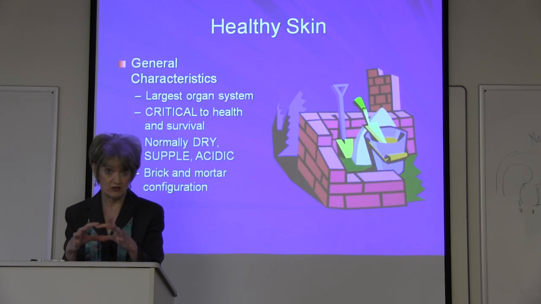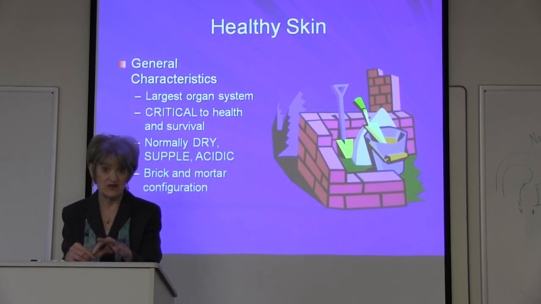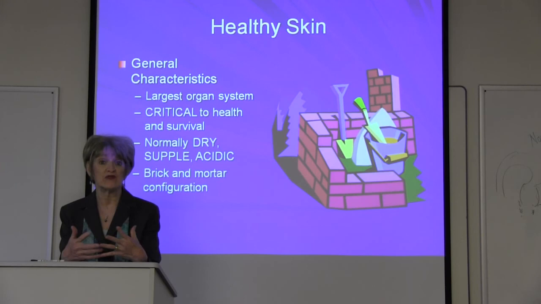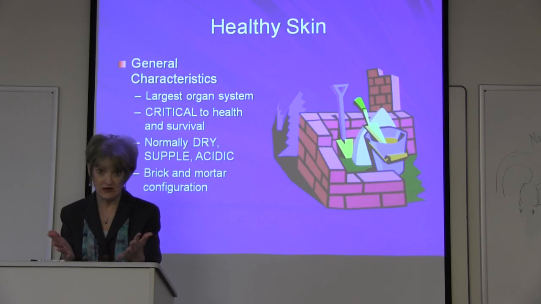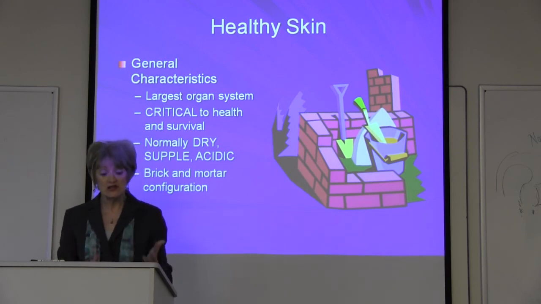So you want cells of normal contour, and you want all the gaps between the cells filled with either oils that are produced by the sebaceous glands or oils that are provided through moisturizers. As long as you have that, you have an intact barrier that presents a very effective defense against anything that wants to get through.